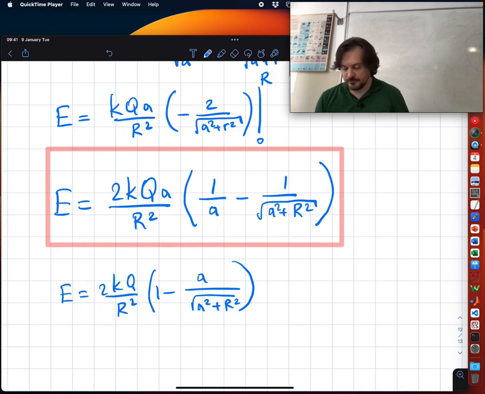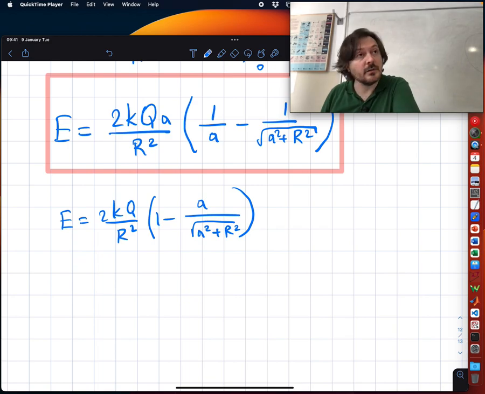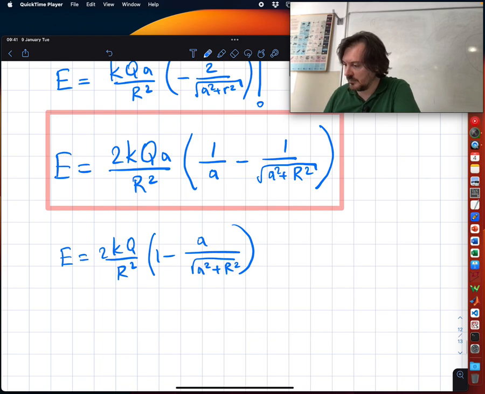Now, how can we check the units in this equation? Very good question. This is 1 over length per length, so everything is fine. This is k times charge divided by length squared.